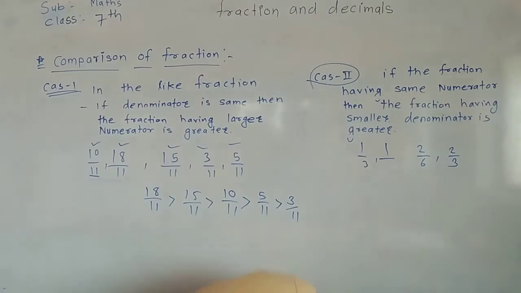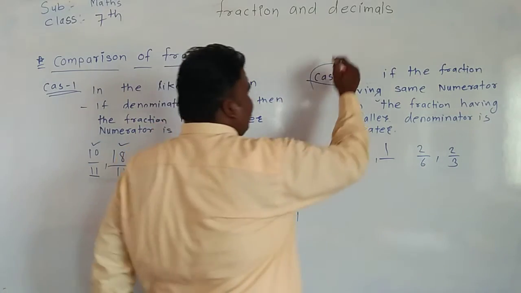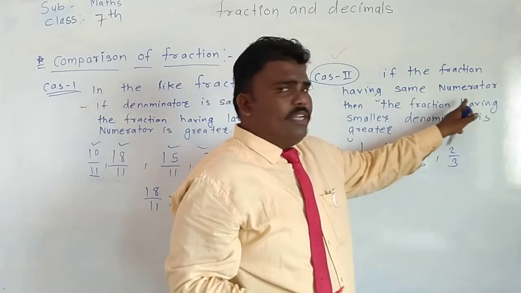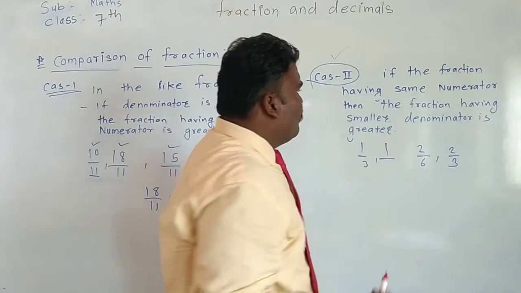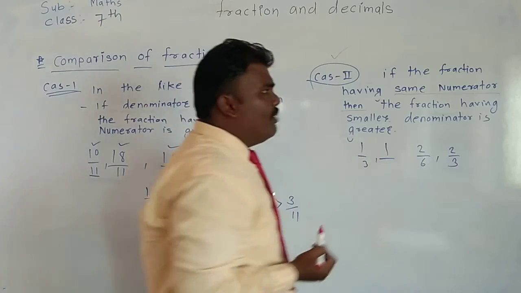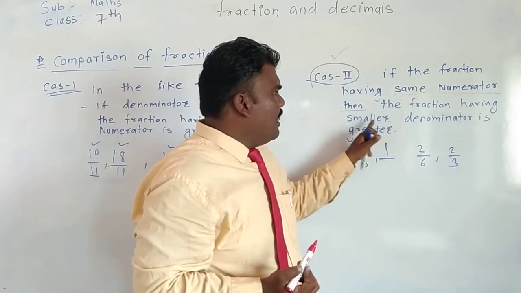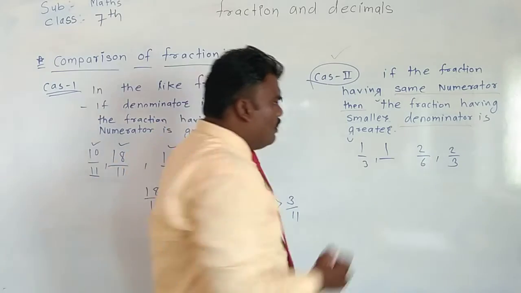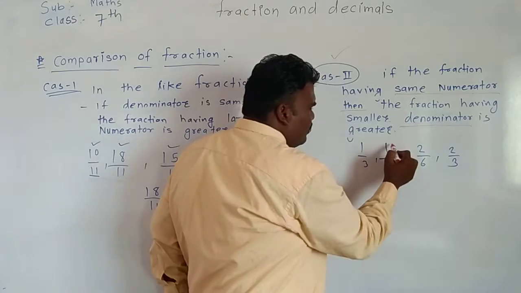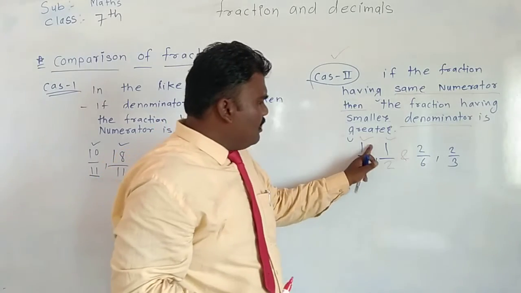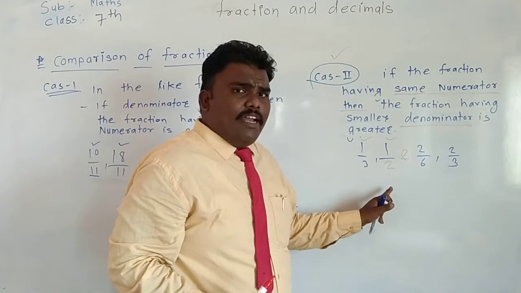What happened, dear students? In the second case, if the fractions have the same numerator, then the fraction having the smaller denominator is greater. Look here, we have these two fractions: 1 by 3 and 1 by 2.